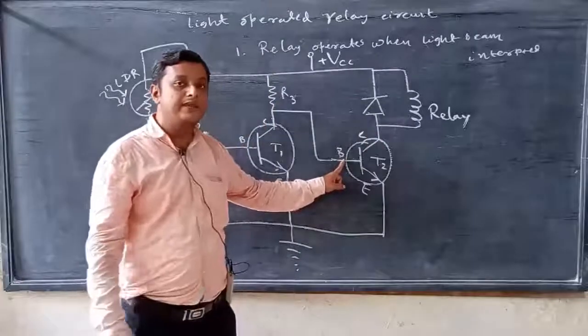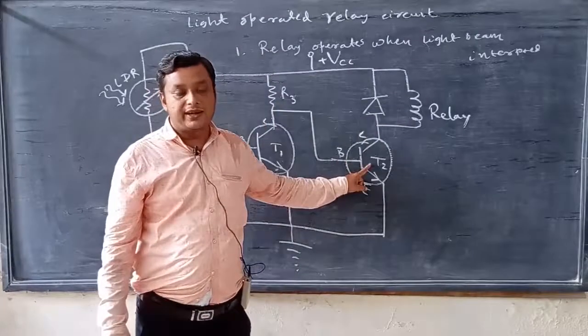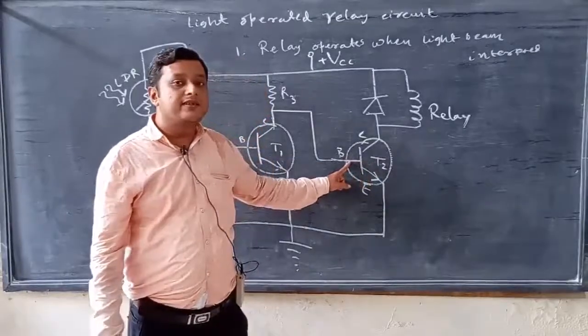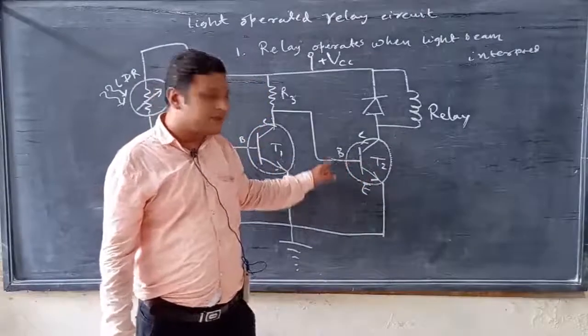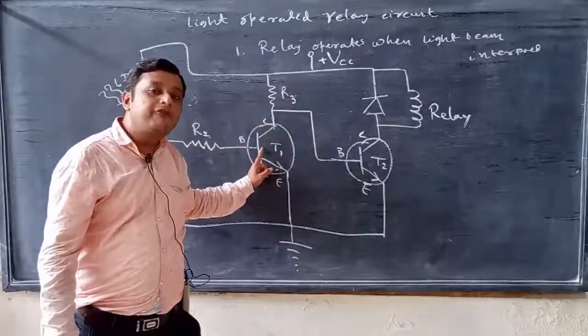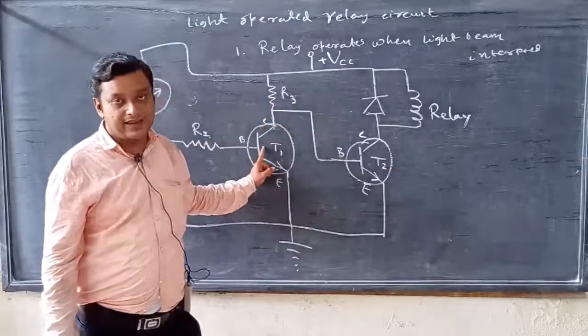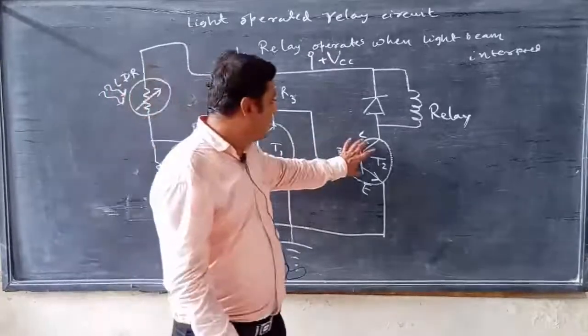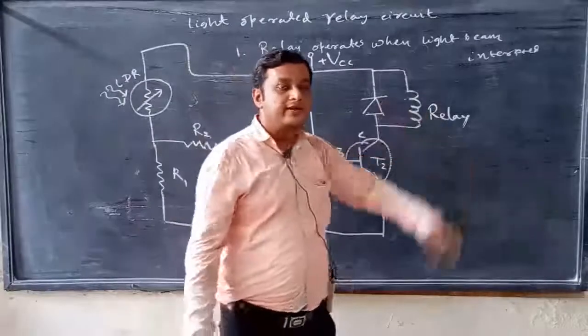The base of the second NPN transistor T2 is connected, or this terminal is taken, from the collector of the first NPN transistor T1. This is a relay circuit.